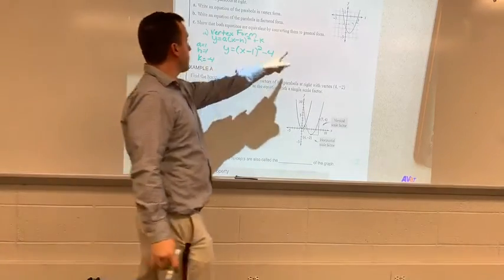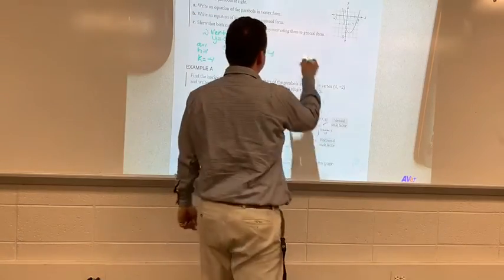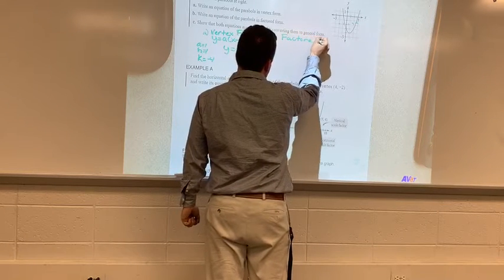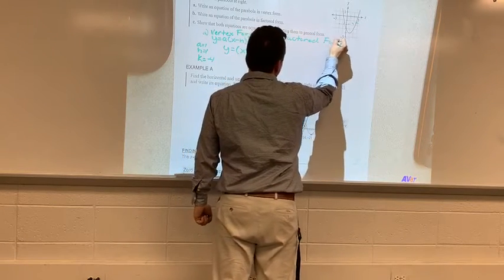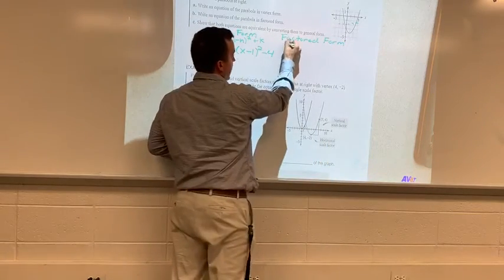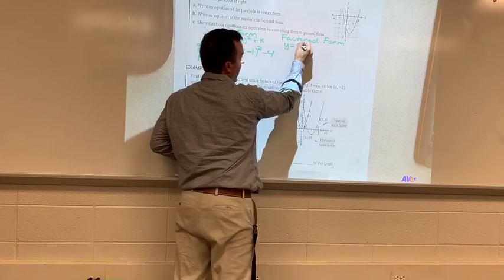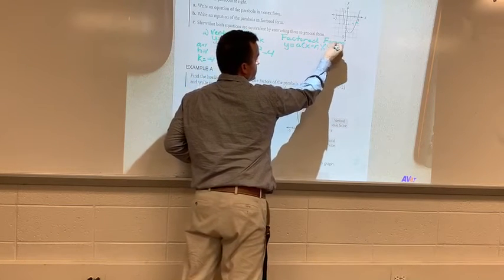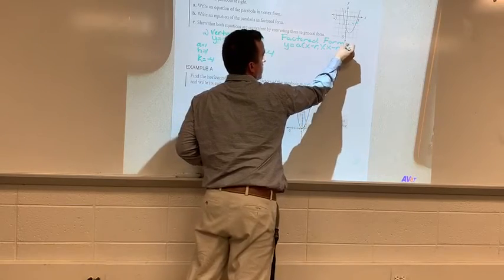And then separately, in factored form, again, writing factored form, we know that we would have y equal to a times x minus r1 times x minus r2.